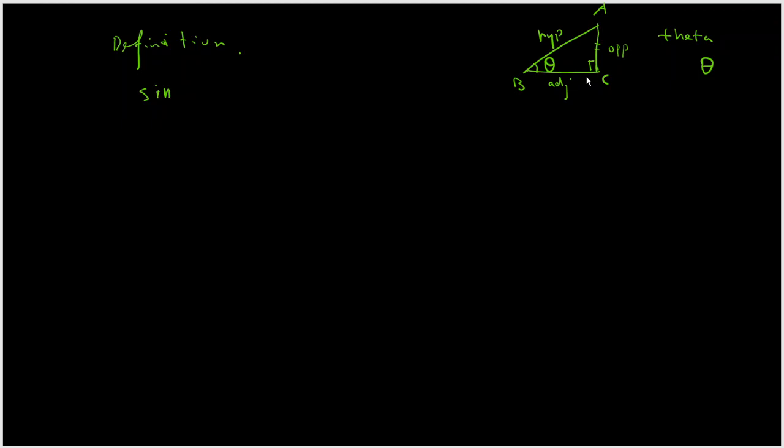Okay, now we are going to define sine of theta. Sine of theta is defined as opposite over hypotenuse. I will give the definition in terms of opposite, adjacent, hypotenuse first.